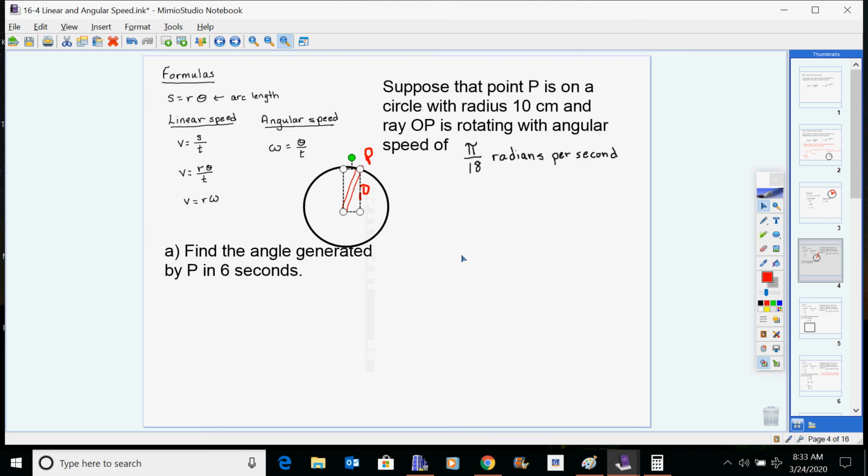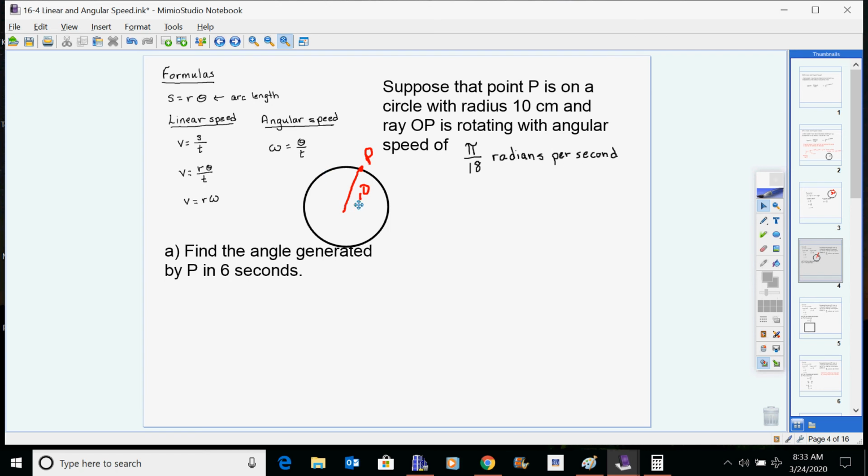As it's spinning and spinning, it will go through pi over 18 every second. We want to find the angle generated, in other words, how far it goes in 6 seconds.